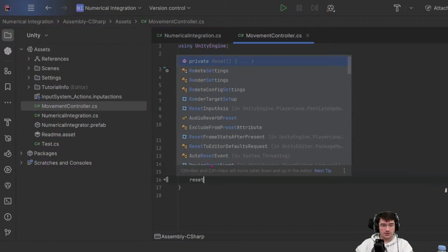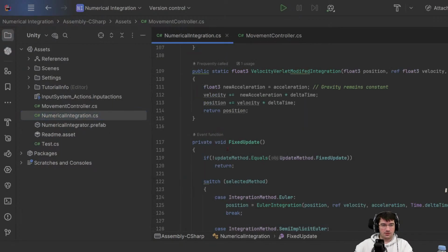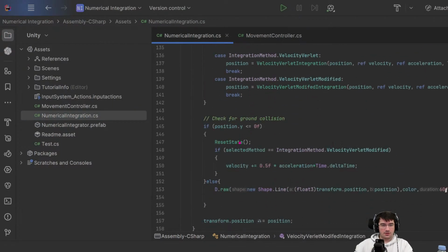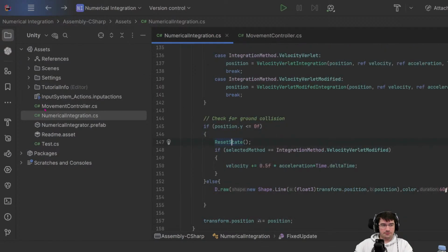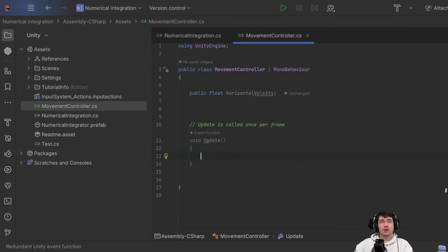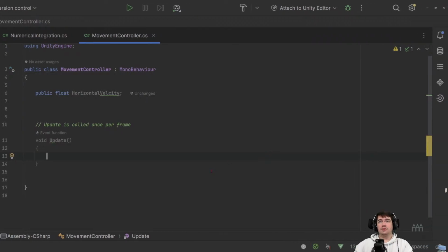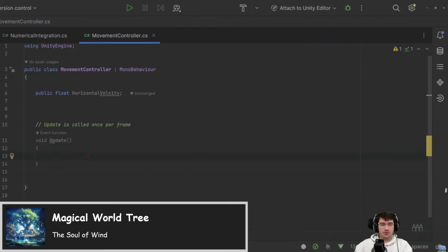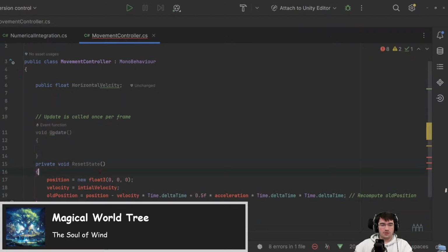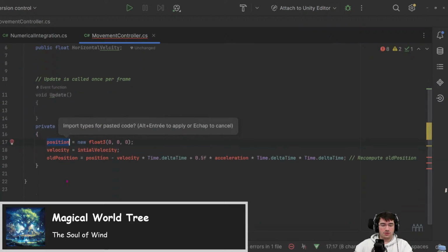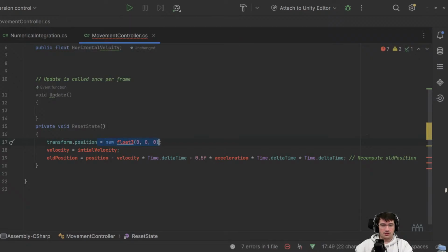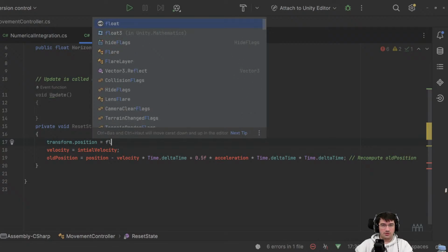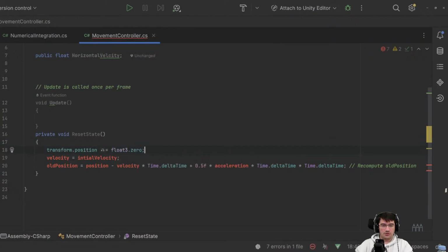Let's have a reset method just like in the other one. And this one we will reset just the position. Okay.